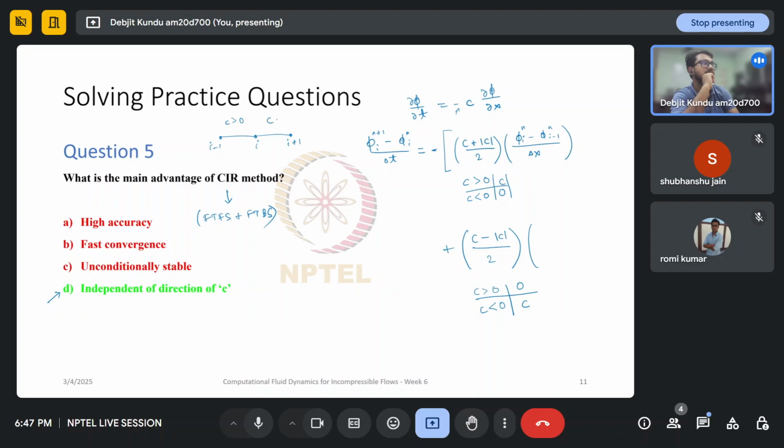So if C is less than 0, which kind of difference should you use? Forward difference or backward difference? Meaning the flow is going from right to left, it should be forward difference. Perfect.